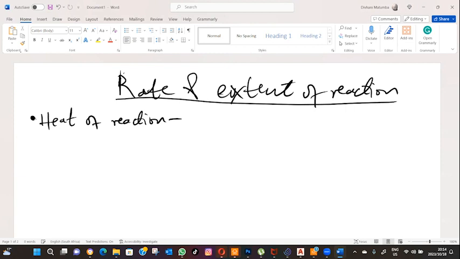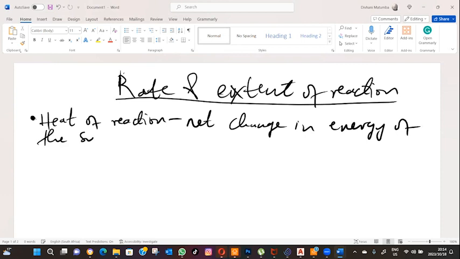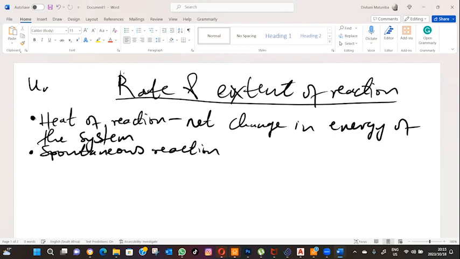The heat of reaction is the net change in energy of the system during a reaction. Another term is spontaneous reaction.